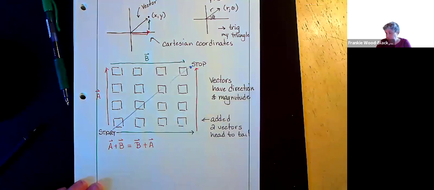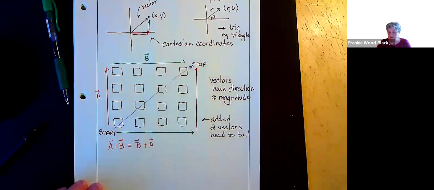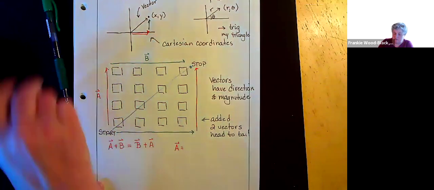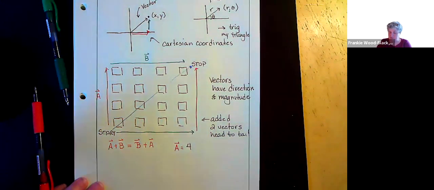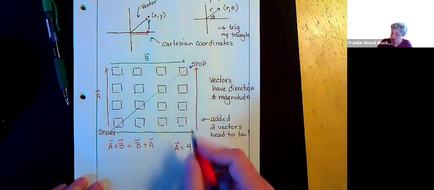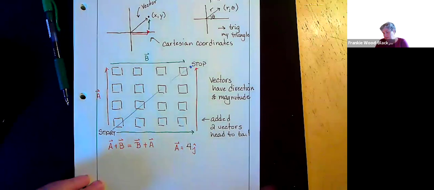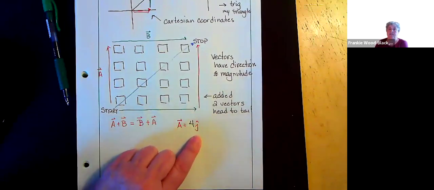Now, there are lots of other paths that I can use to get there. So I'm going to mathematically represent vector A as, in this case, we're using 4, and my units are blocks. Vector A is 4j. That is a way that we can represent going in the y direction.